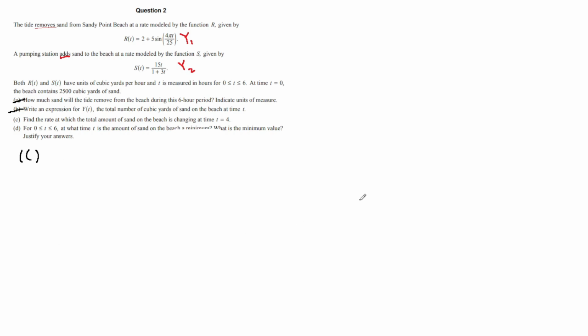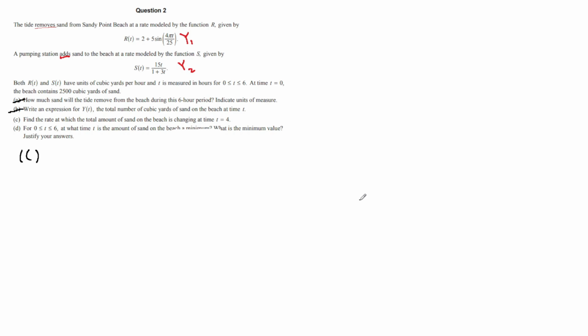It asks us to find the rate at which the total amount of sand on the beach is changing at time t equals 4. So if you think about that for a second: it's changing. We don't necessarily know yet if it's increasing or decreasing, but we do know we have two different functions that represent two different rates: the rate at which sand is being added and the rate at which sand is being removed.